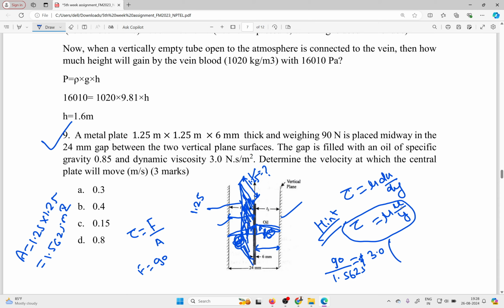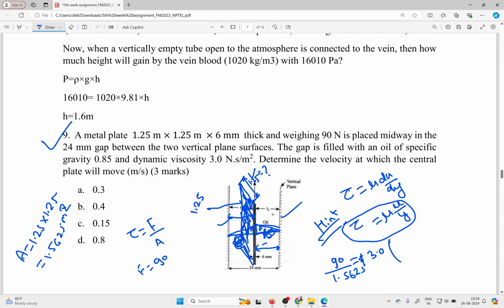Now on this side there is oil, and on this side also, both sides are oil. Both sides will try to resist the movement of your plate, so you need to consider both sides. For your velocity and the depth between, depth means this much depth.